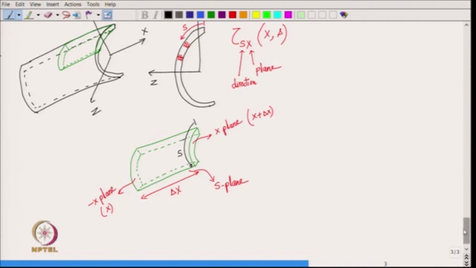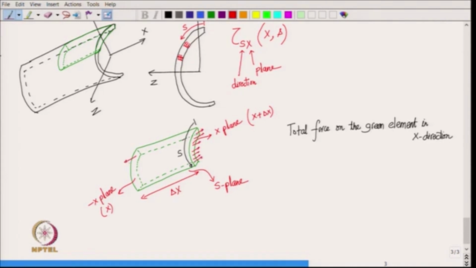Now, let us find out the total force in the x direction as earlier. Total force on the green element in x direction. So, on the x plane we have sigma x x, is not it, the bending stress, in the x direction.